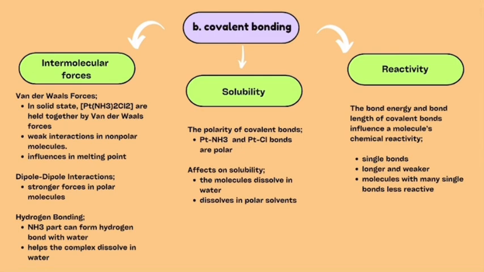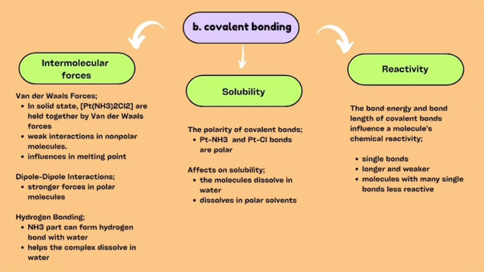This polarity allows the compound to dissolve in water and other polar solvents because polar dissolves in polar. So, cisplatin will dissolve well in water due to the hydrogen bonding and dipole-dipole interaction that occur between the molecules and the solvent.